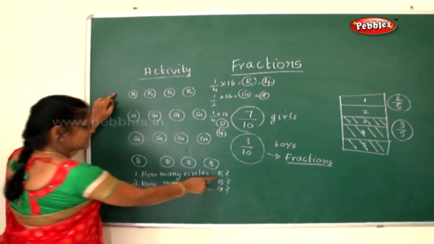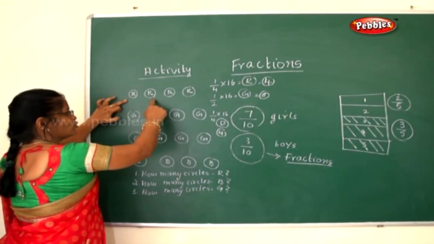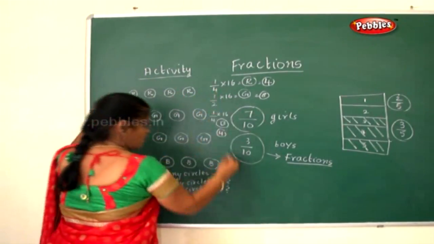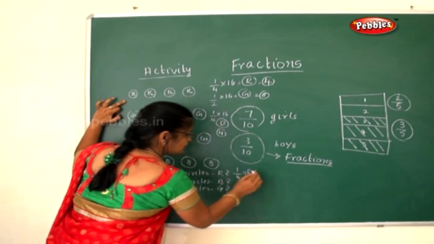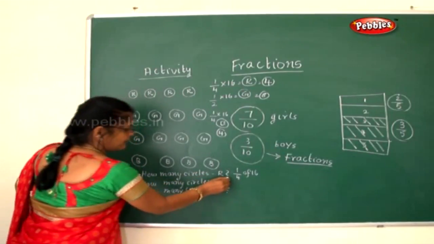Now how many circles are red in color? 1, 2, 3 and 4. That is 1 by 4 of 16 circles. So this is colored in red color.